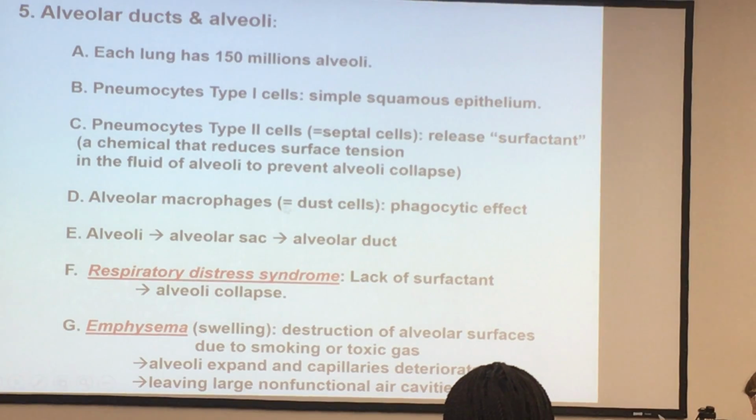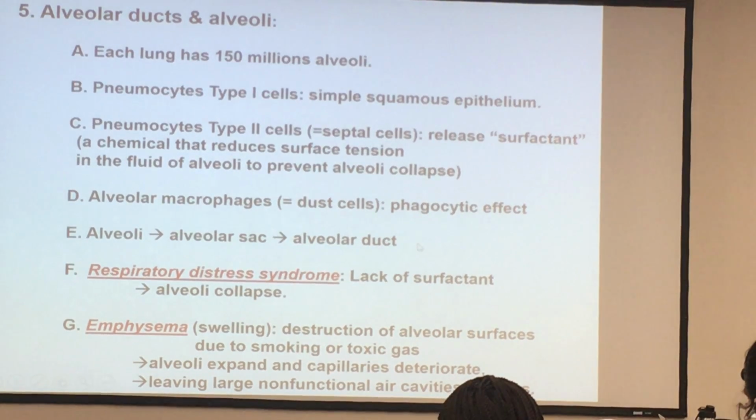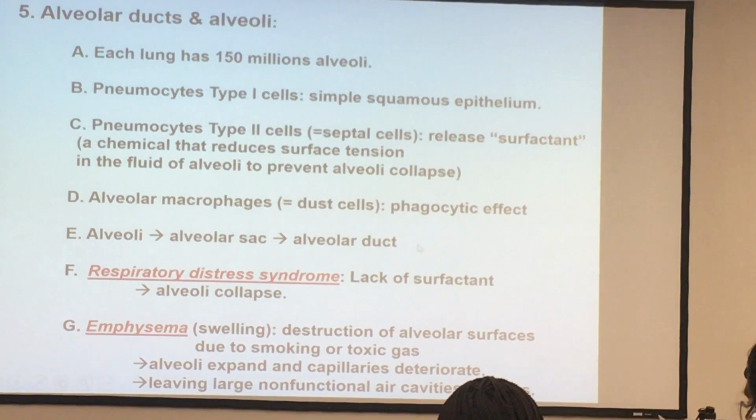Alveolar macrophage, the other name is dust cell, because some dust also goes to the alveolar, and this macrophage can swallow the dust. That's the phagocytosis effect. So from the terminal is a single alveolus, and several of them we call alveoli, alveolar sac and alveolar duct, and go to the respiratory bronchioles.